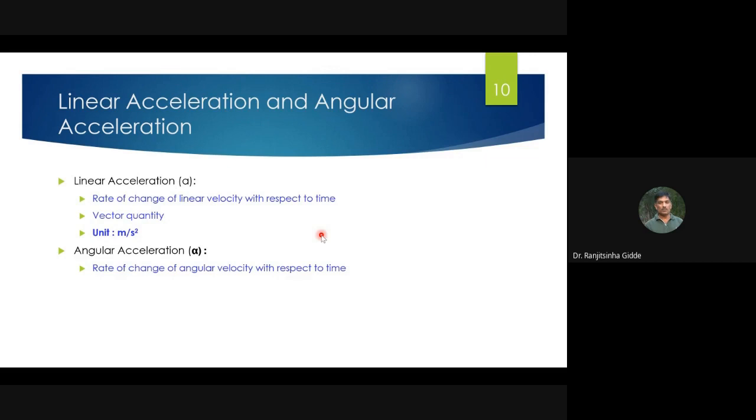So as angular velocity is a vector quantity, this is also a vector quantity. So write down this.